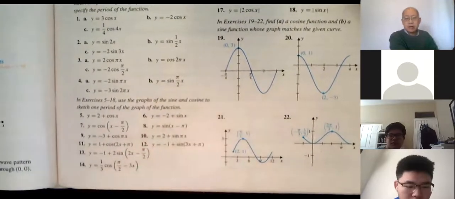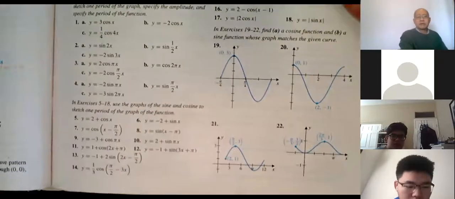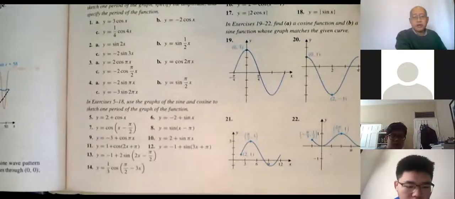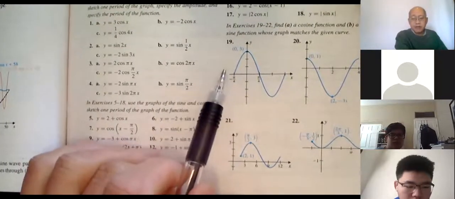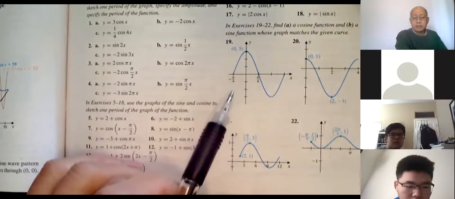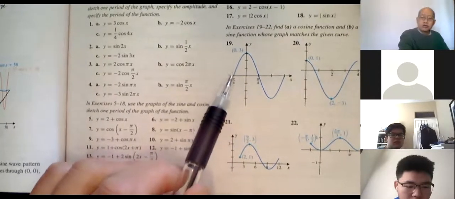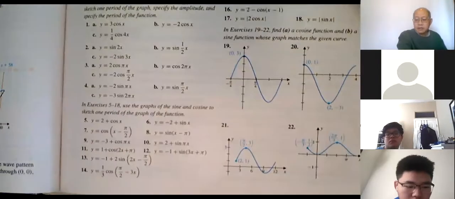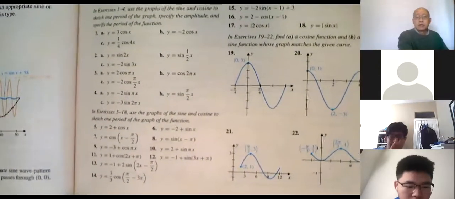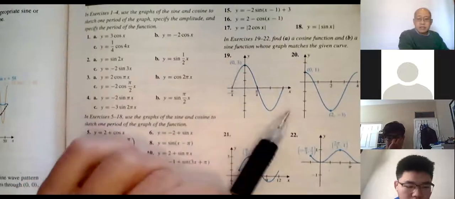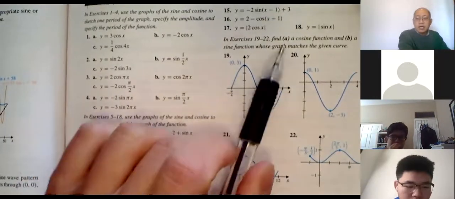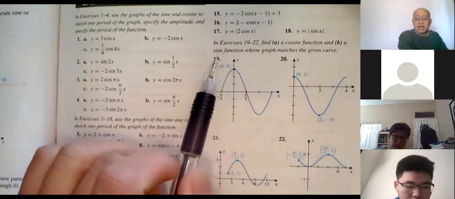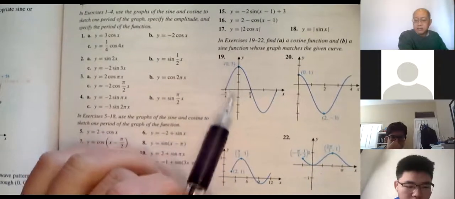And I'll just tell you ahead of time, it's only Tuesday, but for this week's quiz on Friday, I'm very much leaning toward giving you something like this. I give you the graph, you come up with the function. So how do I do that? They give me this, goes like this, come up with a cosine function and a sine function whose graph matches the given curve.